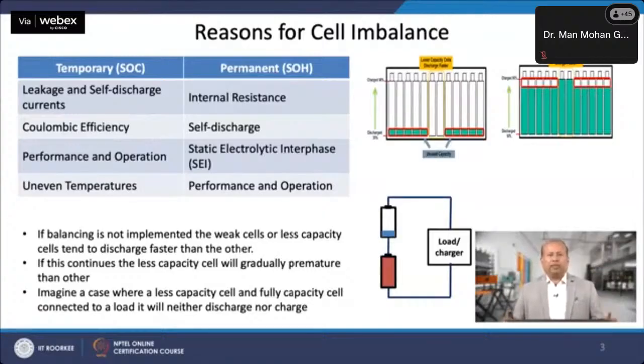If this continues, the weak capacity cell will gradually deteriorate prematurely compared to others. Imagine a case where a less capacity cell and a fully capacity cell are connected to a load. It will neither discharge nor charge.